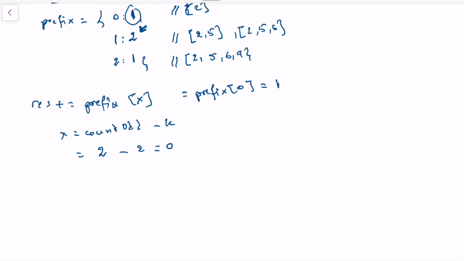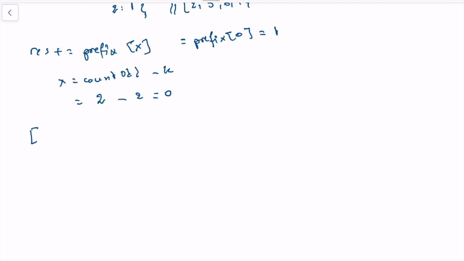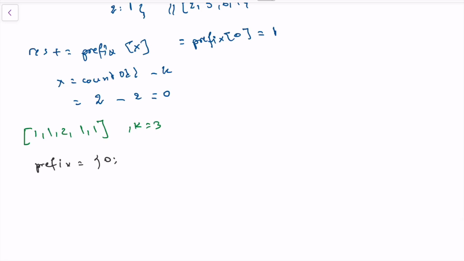If we take another example, let's take, for example, this one that we have in the input, which is 1, 1, 2, 1, 1, and k equal to 3. What would happen here is that the prefix array would be something like this. The number of subarrays that have 0 odd numbers, that's just nothing, the empty list, so 0.